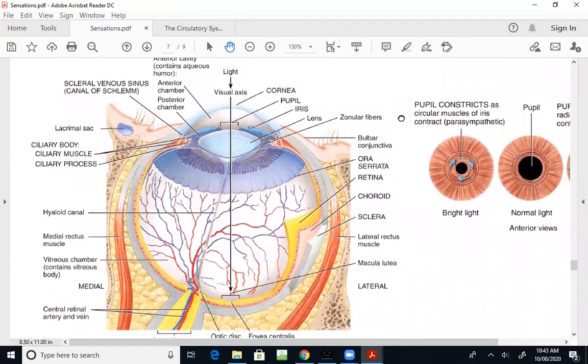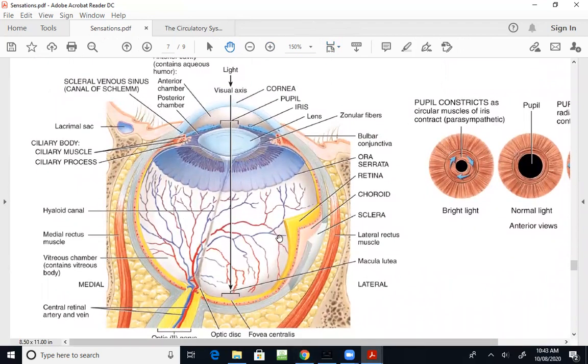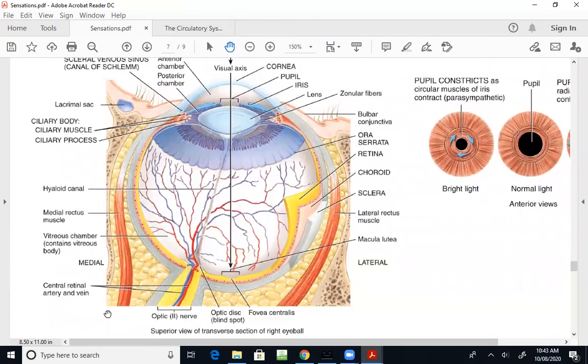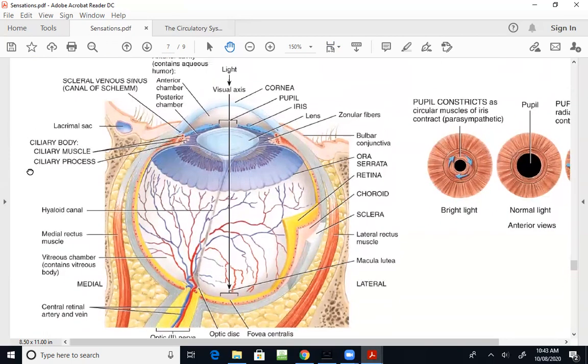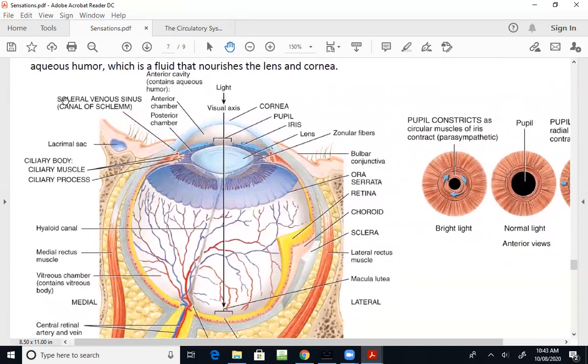Here's a freebie to you. This image will absolutely be on exam 5. Not everything, but a lot. So let's go through and I'll tell you what to highlight. I'll start at the bottom here with fovea centralis, and then I'll go through clockwise. So fovea centralis, optic disc, optic nerve, vitreous chamber, hyaloid canal, ciliary process, ciliary muscle, ciliary body, sclerovenous sinus or canal of Schlemm, known both ways.